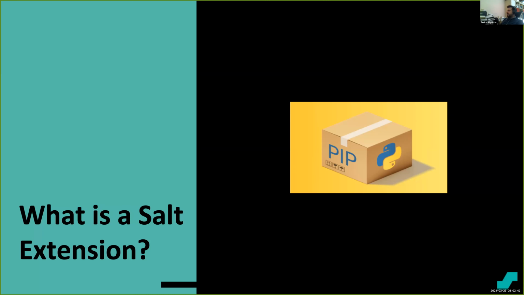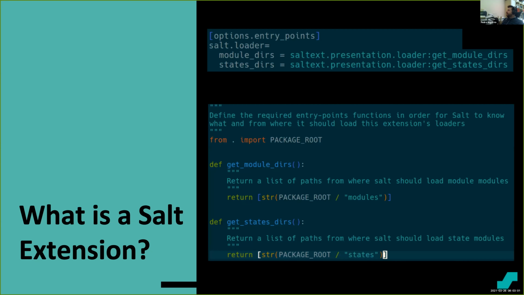And so at its core, what is a salt extension? It's basically a Python package that is pip installable. And at its core, that's it. It only needs a few things. It needs to use entry points.